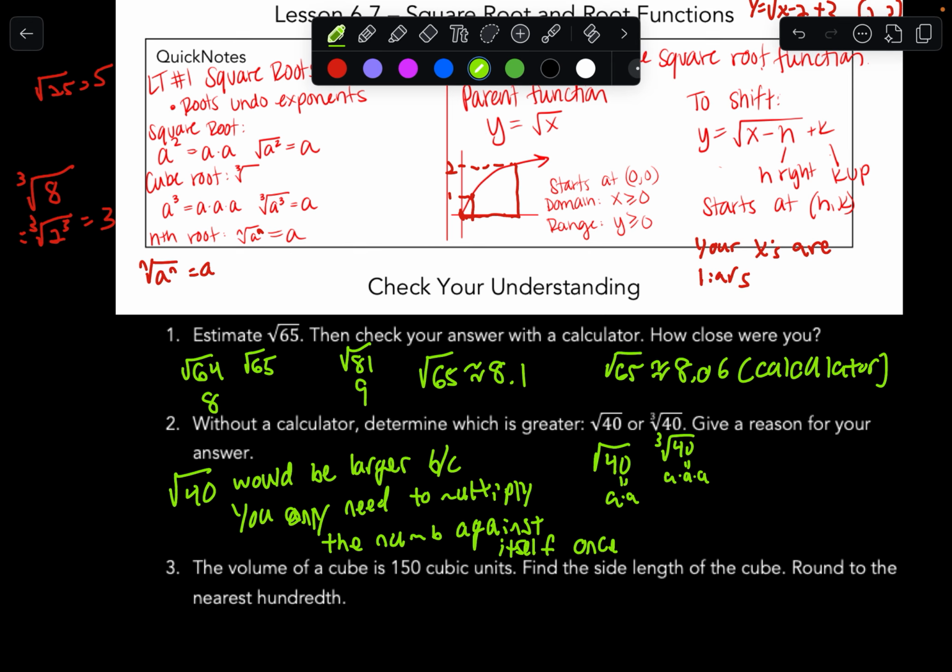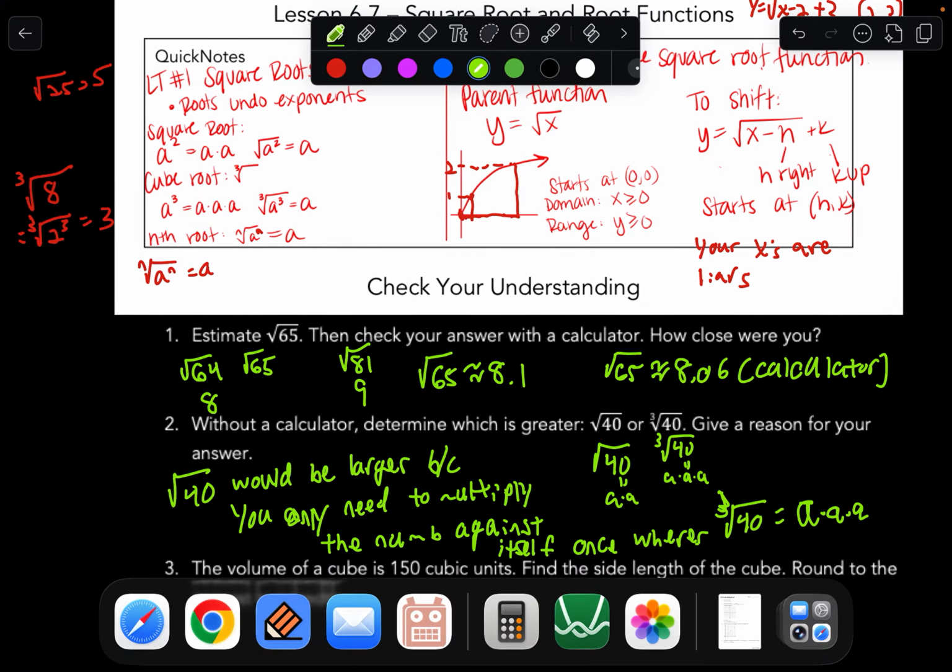Whereas for the cube root of 40, you would need to multiply the number against itself 3 times. So it would be some number a times a times a. So you need more of them to multiply to get to 40, so the square root of 40 would be bigger.